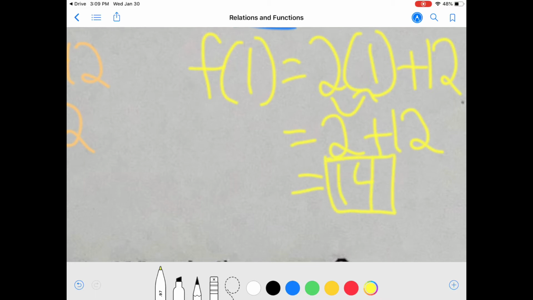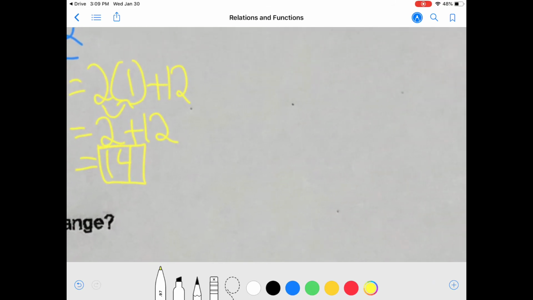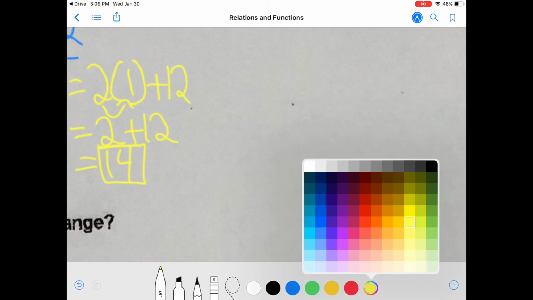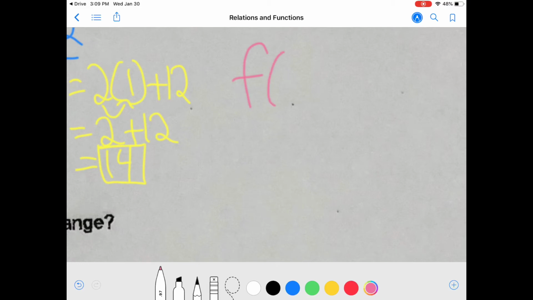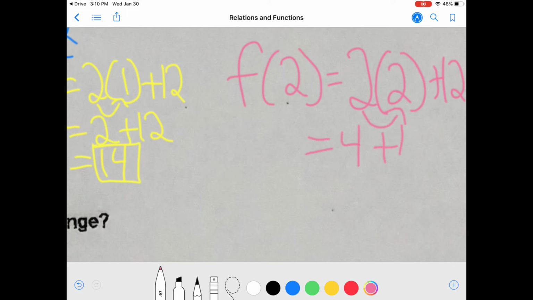That's your fourth one, I believe. Yep, and then you've got when x is 2. So f of 2 equals 2 times 2 plus 12. I'll distribute the 2. 2 times 2 is 4, plus 12. 12 plus 4, or 4 plus 12, does not matter the order, is 16.